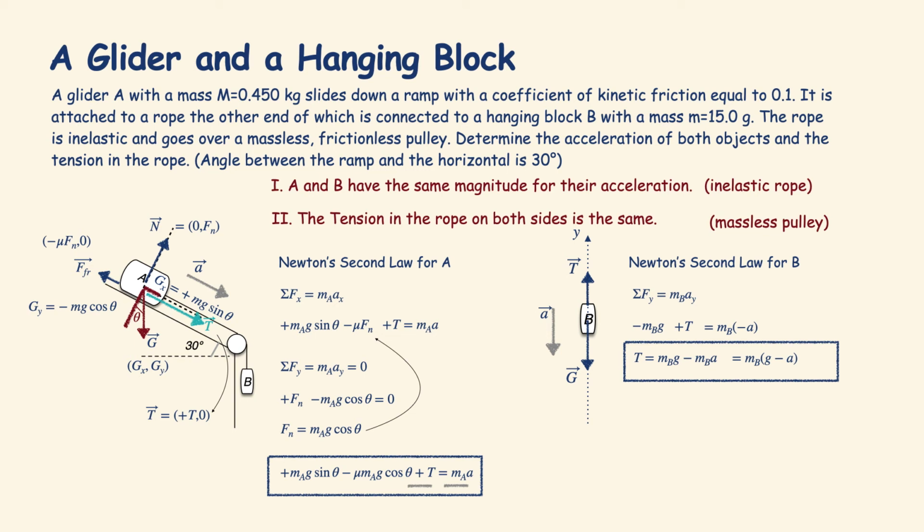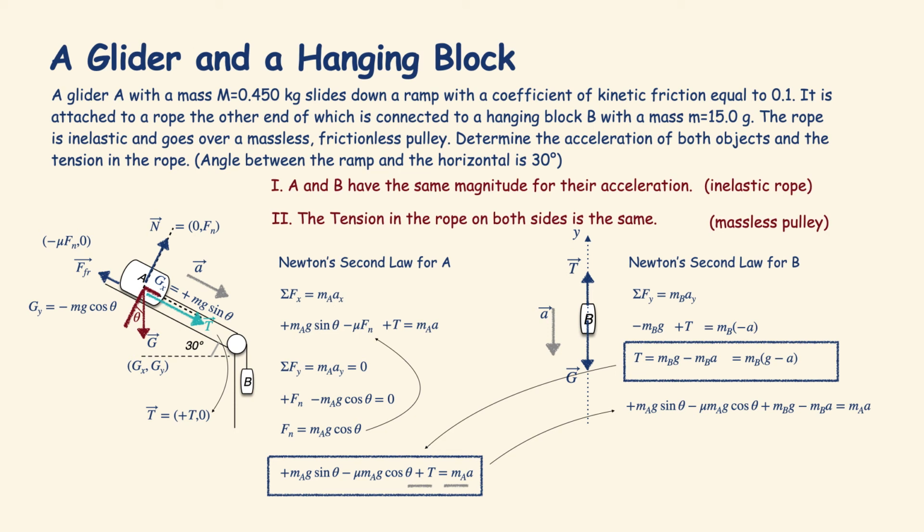And the algebra is actually not so bad, because the second equation gives me a direct algebraic expression for what the tension should be. So with that, I can go back to the equation that emerged from the analysis of the motion of block A and replace T there. That equation will look now as plus m_A g sine theta minus mu m_A g cosine theta plus the tension, which I know from the equation just above, has to be equal to m_B g minus m_B a, and everything has to be equal to m_A times the acceleration a.